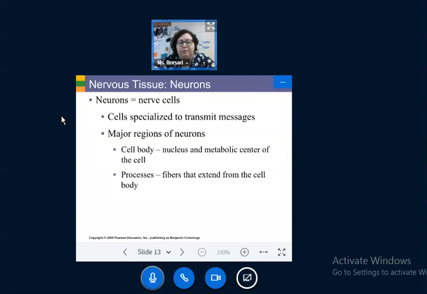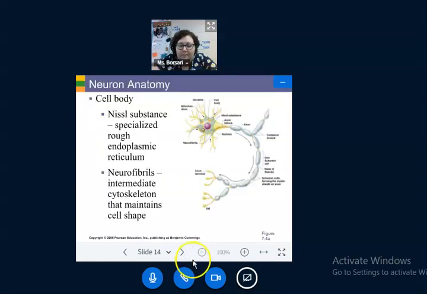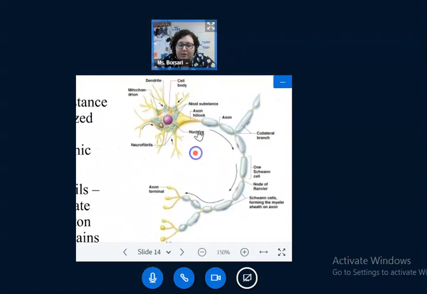And we've got a few regions of neurons. The two main ones are the cell body, which looks like the head of the neuron, and then the processes, which extend from the cell body. They look like a branch, or even branching off into little fingers. This is an illustration here.